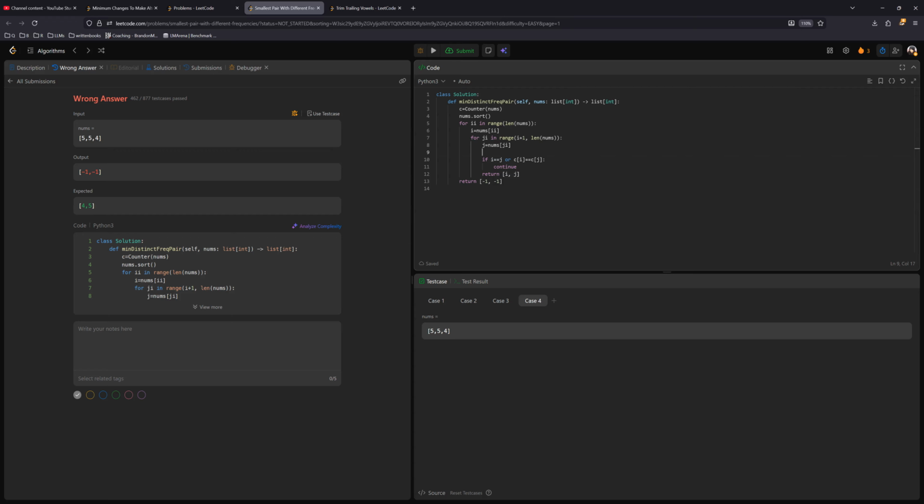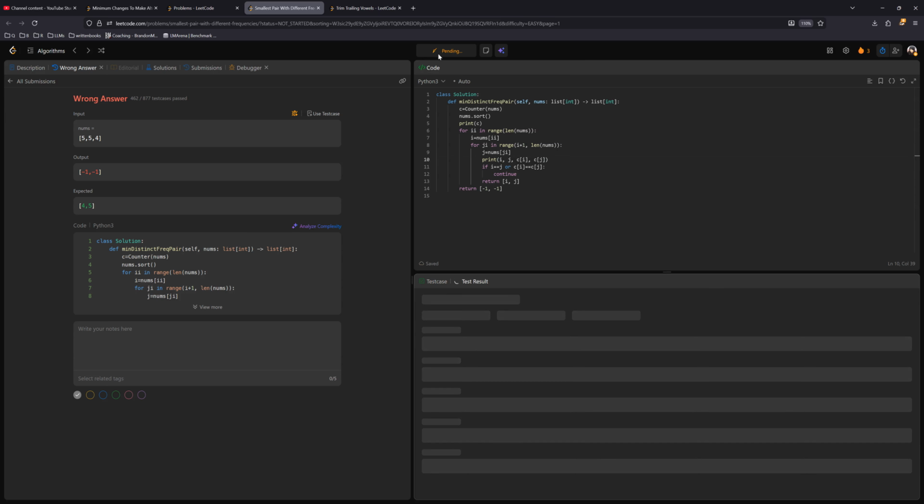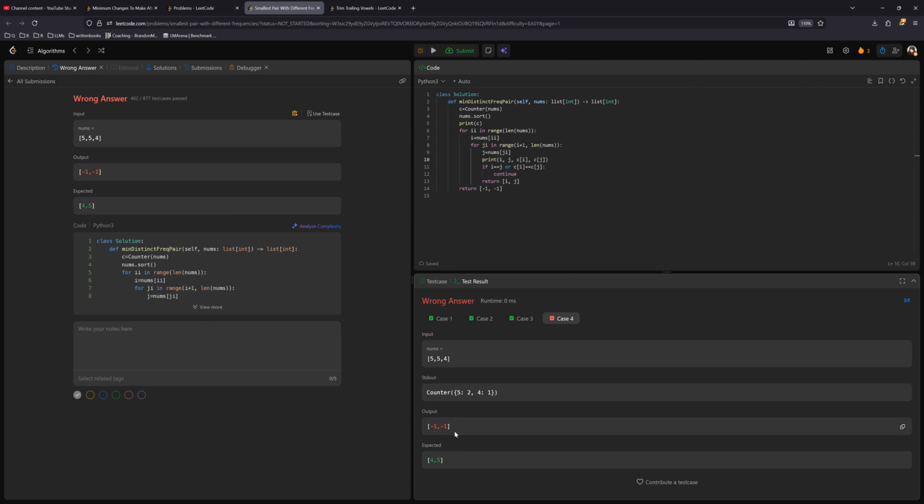C of i, C of j, right? I'm going to say print C and then print i, j. And C of i and C of j. Let's figure out why this is not working. Okay. So it didn't iterate at all?